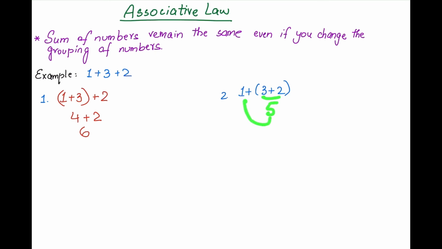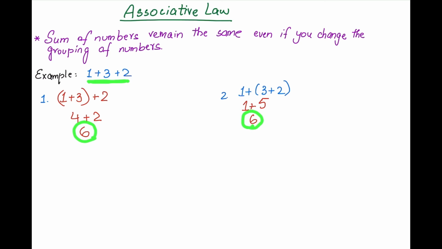And then you will add 5 to 1. So we can write it as 1 plus 3 plus 2 is 5. Then 1 plus 5 is 6. You can see that the final result of adding these three numbers is the same. It's 6 here and this is 6 here.